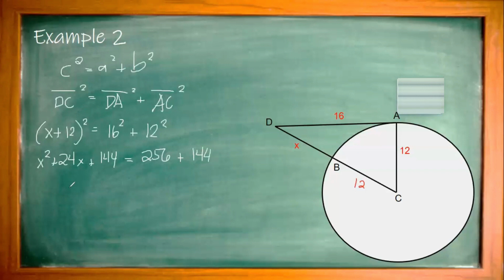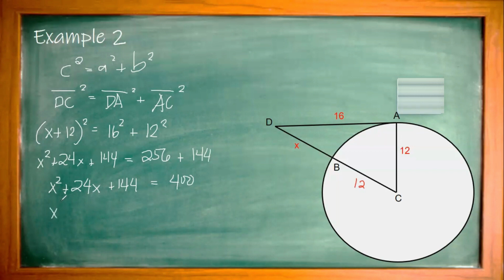Then operate if we have operation to be done. So if you observe, we have the same numbers here, 256 and 144. All you need to do is add the two, which results to 400. Then create now a standard form of a polynomial.